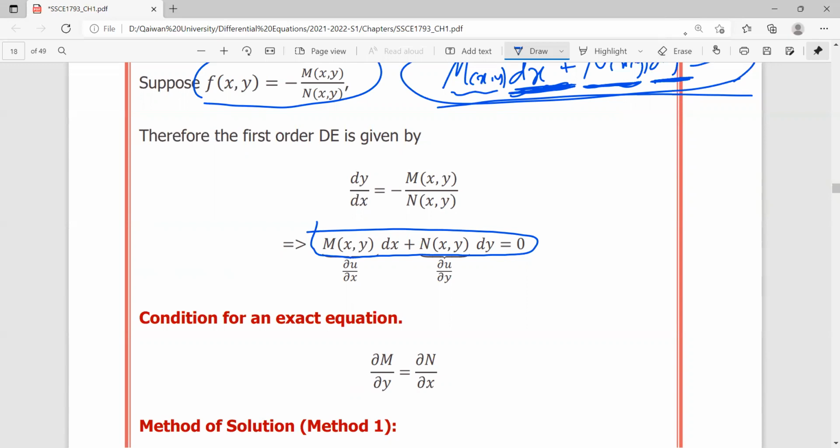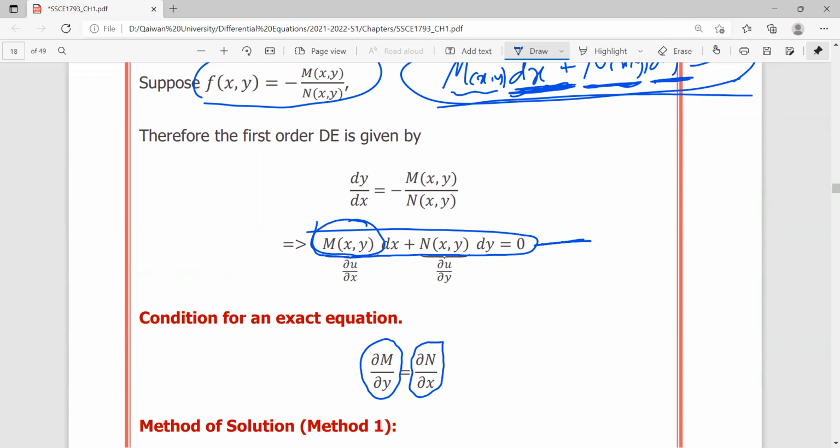We take the derivative of M, the coefficient of dx, with respect to y. If it equals the derivative of N with respect to x, that means the differential equation is exact. It's just for testing of exactness.